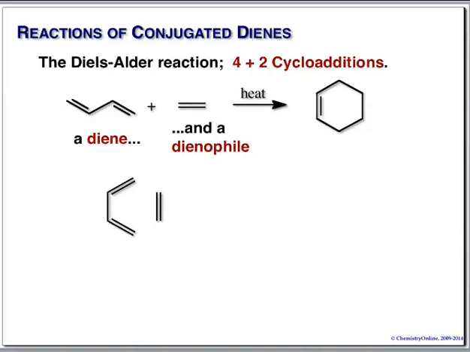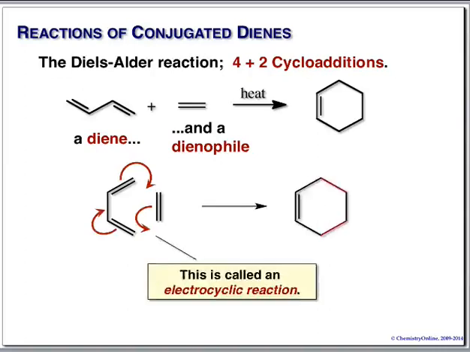Next, I'm going to bring my dienophile up to it. They're going to bump into each other, say hello, and then, in one magical step, electrons are going to flow, double bond in here to make a bond, make a simple alkene, and we get this as our product.